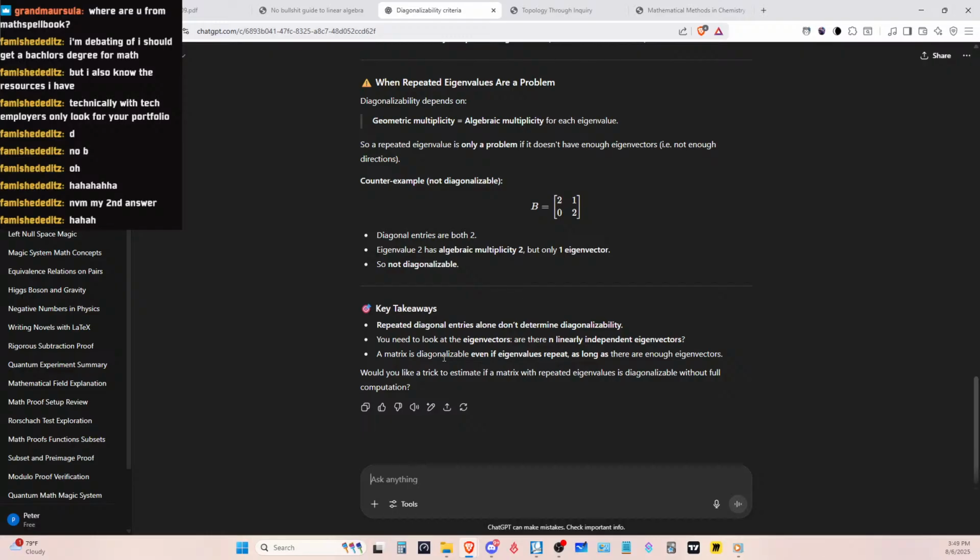So a matrix is diagonalizable even if eigenvalues repeat, as long as there are enough eigenvectors.